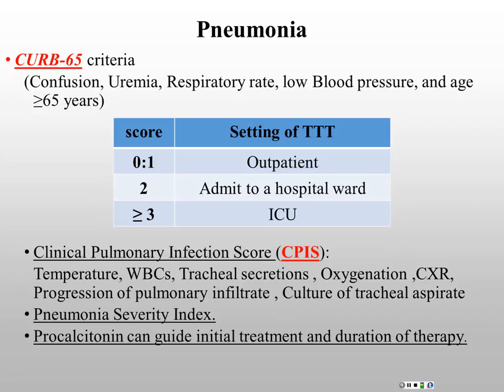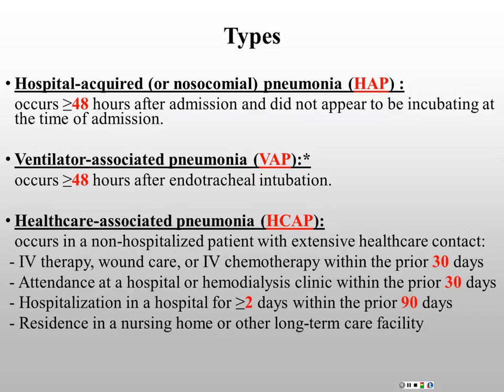Procalcitonin usually will be high in setting of bacterial infection and not in a setting of viral infection or viral pneumonia. You should be familiar with different types of pneumonia. Hospital acquired, which happens after 48 hours after admission, ventilator associated pneumonia, and we will discuss more because there is a new surveillance system that's suggested now to screen for ventilator associated pneumonia.